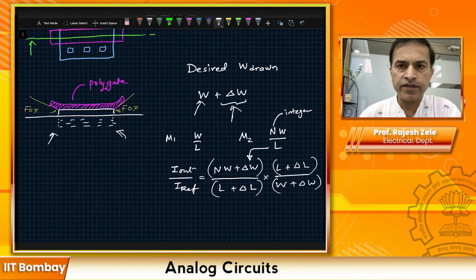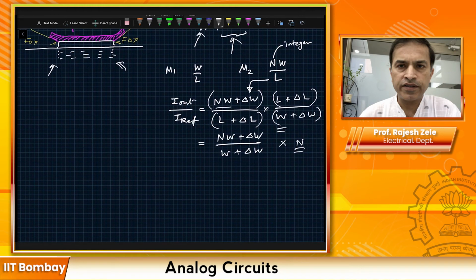So you will still have the same variation for a single unit W or an N times larger width. All right, you can immediately see we are going to get NW plus delta W divided by W plus delta W. So this would be the scaling that you're going to get, and obviously you can tell that it's not exactly the N that we decided.